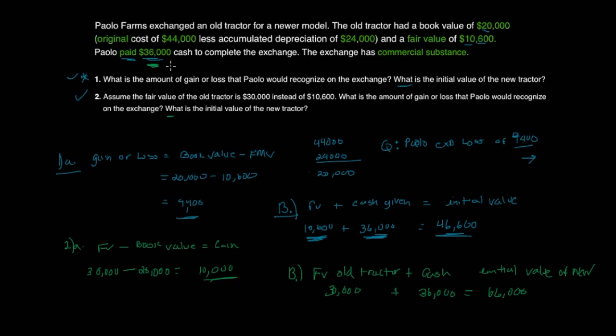We are determining the gain or loss relative to the book value and fair market value. We do not take into consideration the amount he paid to complete the exchange. So if you guys come across a problem like this, don't let that confuse you. Gain or loss is the book value minus fair market value.